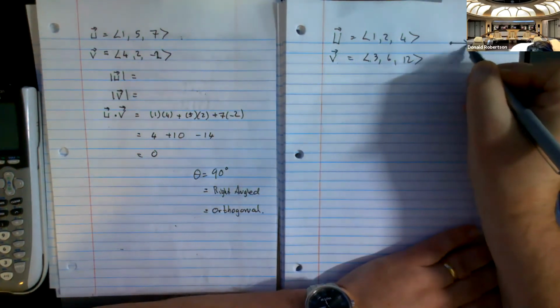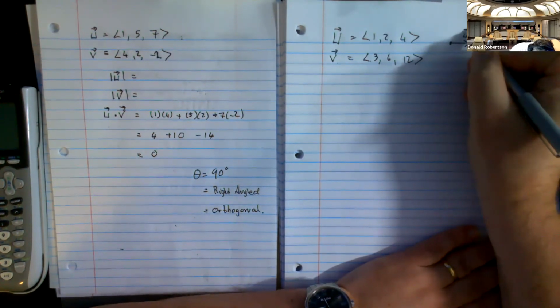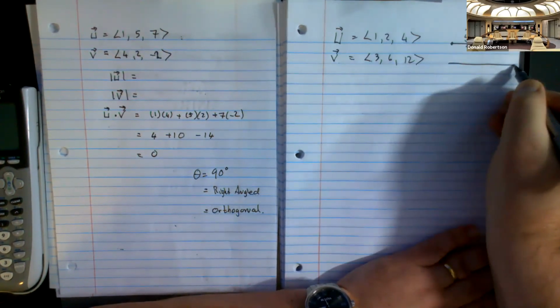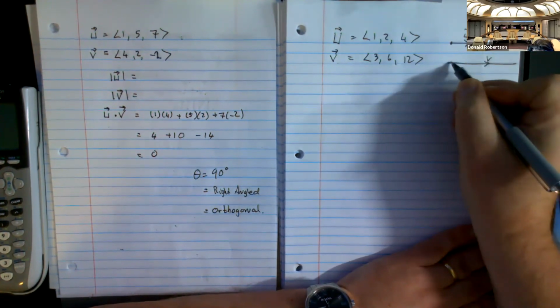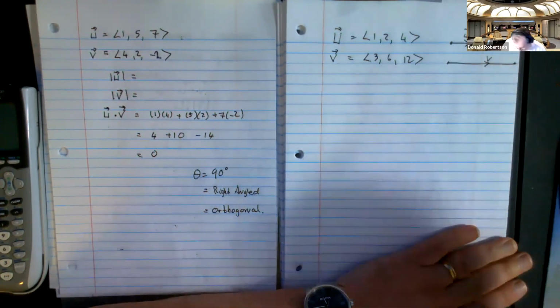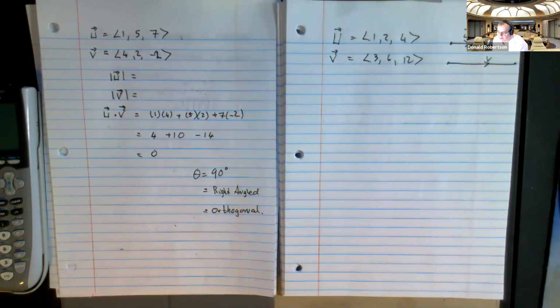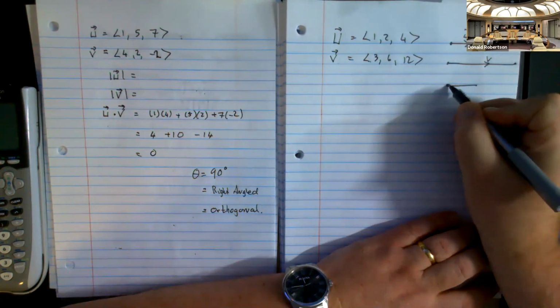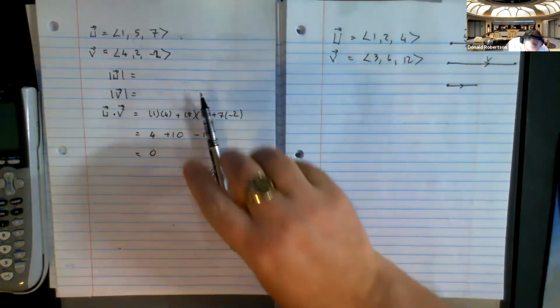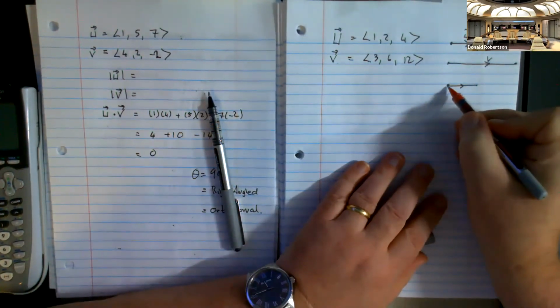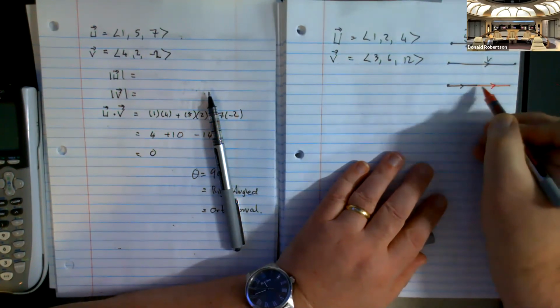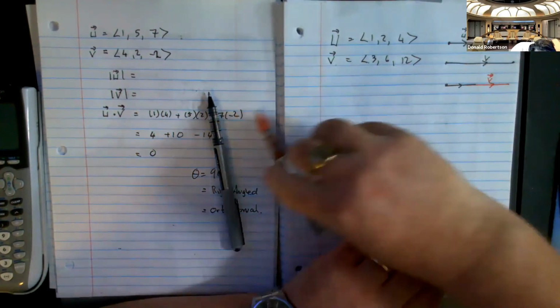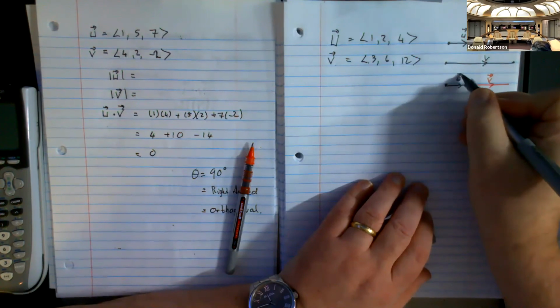If you can imagine this being the vector u, and then won't the vector v just be like 3 times bigger? What's going to be the angle between these two vectors? Well, if you do the vector u like this, and then on top of it, you put the vector v like this, would you agree that the angle should be 0?